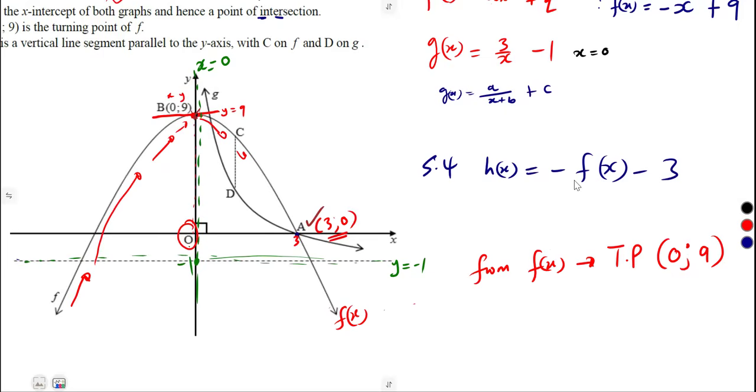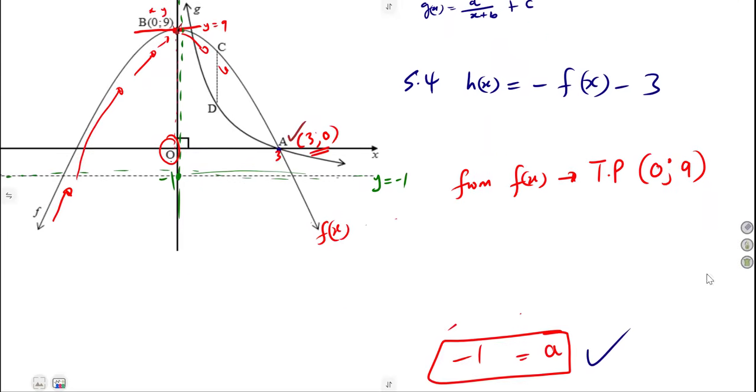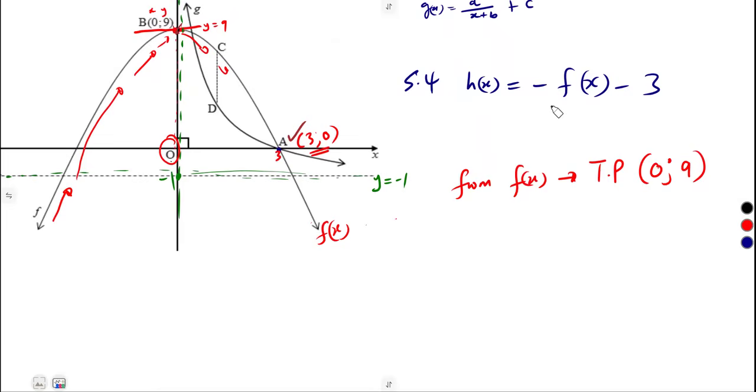So this is what you do. You analyze the transformation which happened here from f of x to give us the h(x), what happened? They are saying minus f of x.